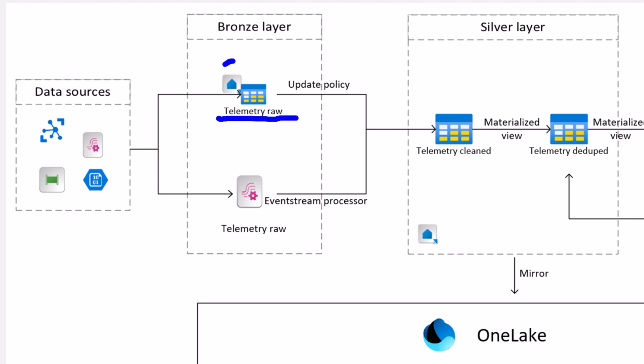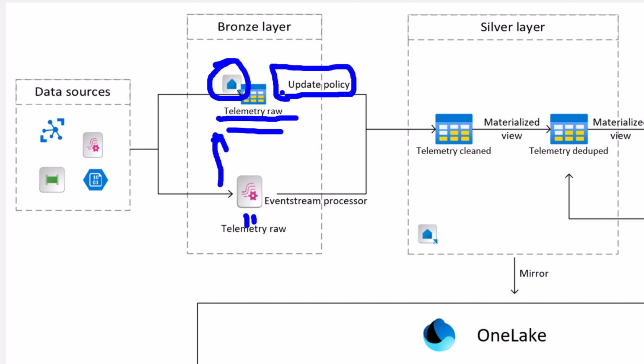But what we've got here is an event house with some raw table. And we've also got an event stream here that I guess ingests data into this raw table. But what's quite interesting here is that now we have this update policy. I haven't really spoken much about KQL table update policies, probably a bit outside the scope of what's expected in the DP-700 exam.